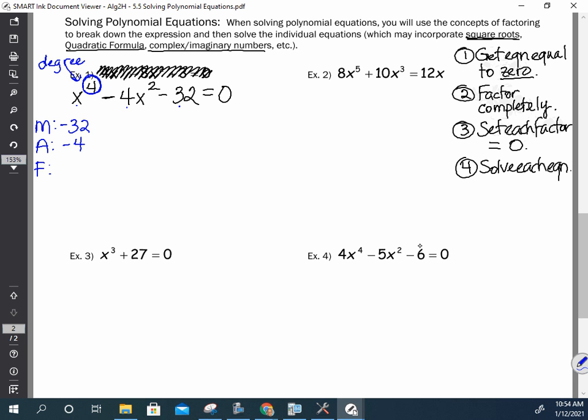What can I use? Don't be shy, we're going to wake those factoring brains up. So I like the 8, and I like the 4. So which one is negative?